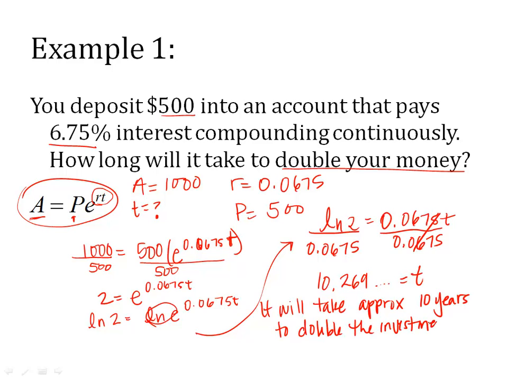But yes, you need to write it in a complete sentence. Okay? It will take approximately 10 years to double the investment. You will see this more and more. So hopefully that makes sense. If you have questions, ask them.